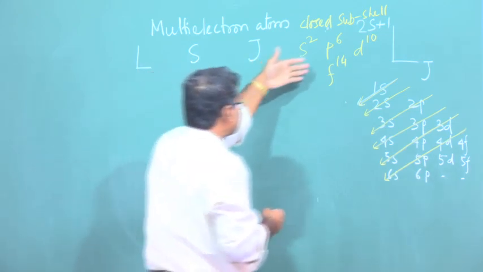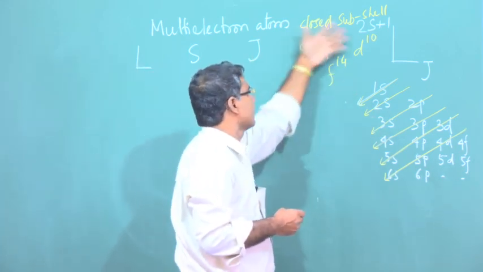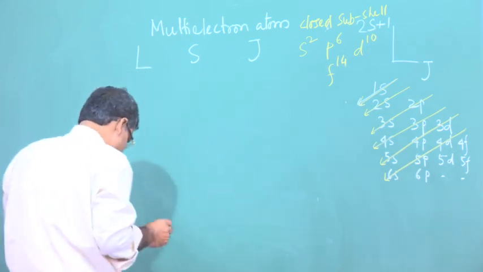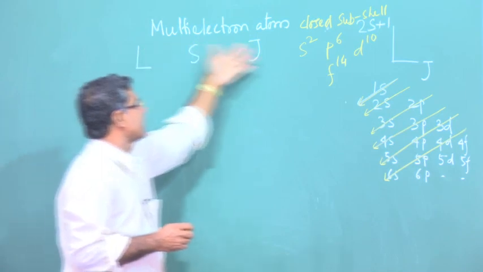So, this has importance. This distribution follows the Pauli exclusion principle. It is fine.